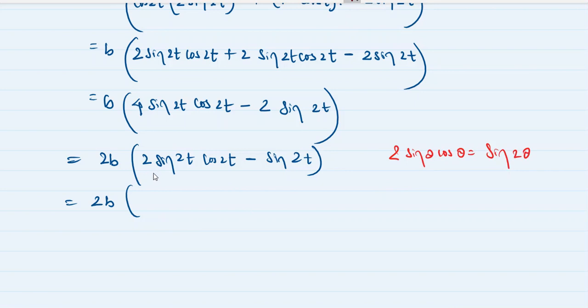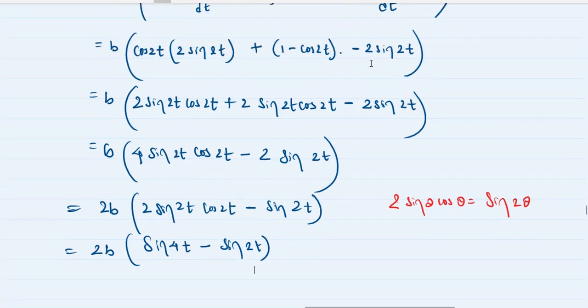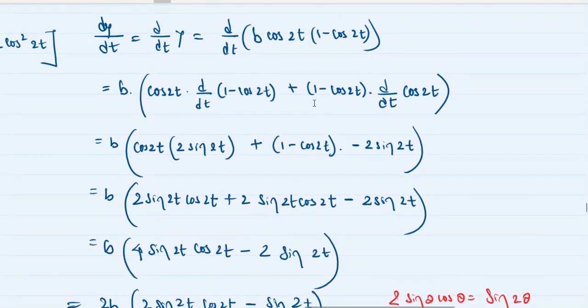So we have here 2 sine 2t cos 2t, it will be sine 4t, right? So we have sine 4t minus sine 2t. Okay, we have minus 2 sine 2t over here. Yeah, the sign seems okay.